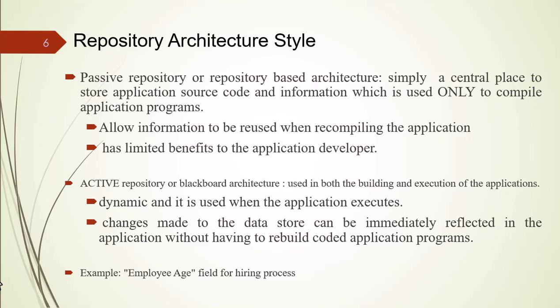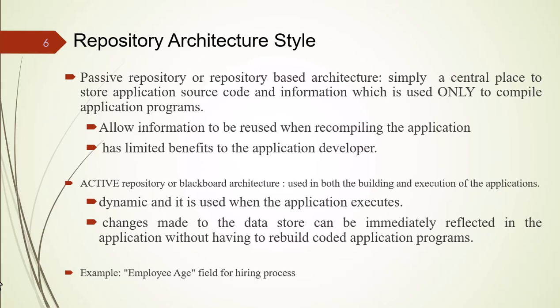So developers and applications mostly rely on this active repository, where the database or data storing is active and the agents are passive. The agents are just used for inputting data and showing the output data to the user.